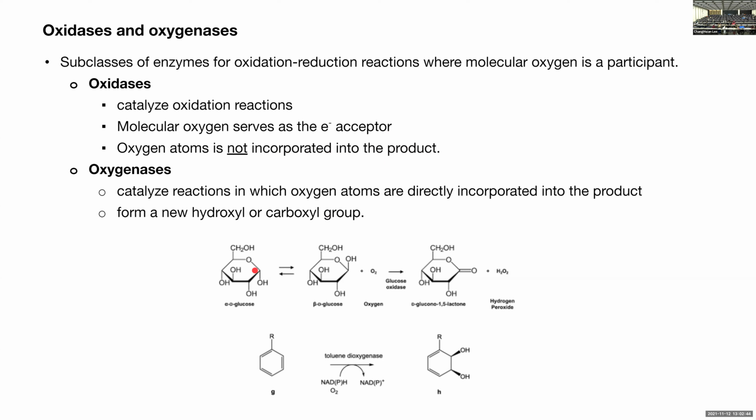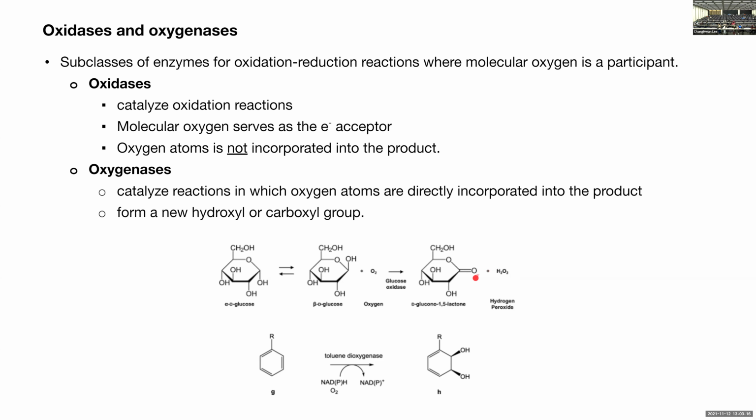So when you look at it, glucose oxidase is an example of these oxidases, where glucose is converted to gluconolactone here, and it ended up making hydrogen peroxide, and here oxygen was not incorporated to make the final product, but it only accepts the electrons in the form of hydrogen atoms.